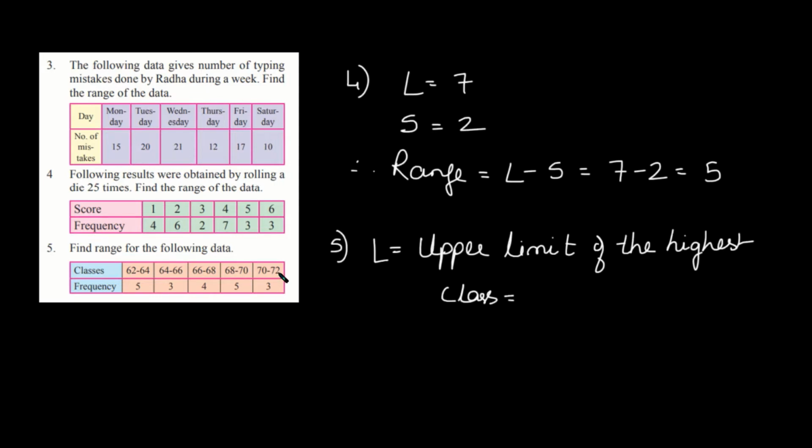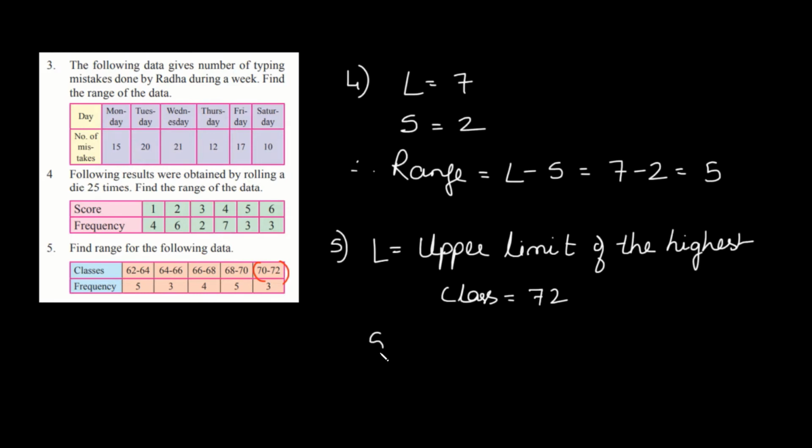Over here, the highest class is 70 to 72. Let me mark it for you. The upper limit of 70 to 72 is of course 72. So that is our value for L actually. So in this case, it is 72.